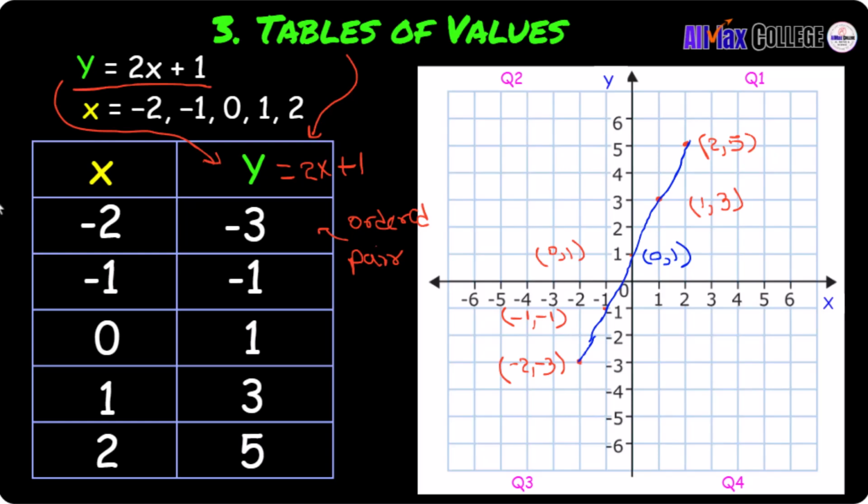This is exactly what you will do in the main lesson when we investigate y equals x and y equals x squared. What I drew was not straight, so you have to assume that for y equals x squared.